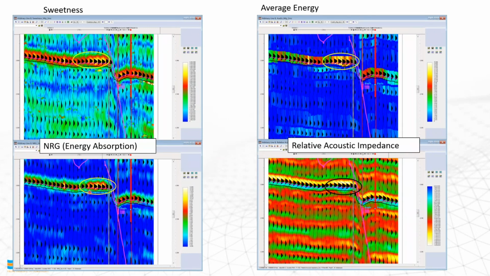I have an energy absorption volume right here that shows an anomaly, and then using my relative acoustic impedance, which I use a lot to help me find porosity, I have a nice relative acoustic impedance anomaly here as well. So even though I use Paradise to help reduce risk and help me estimate my reserve potential, it gave me indications of being a decent prospect or a good lead just because of the other attributes that I used.